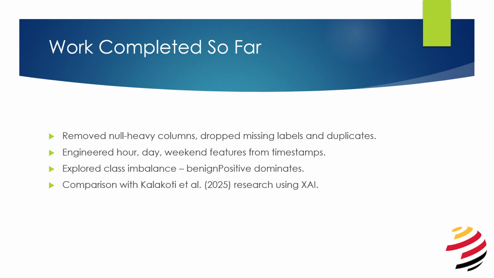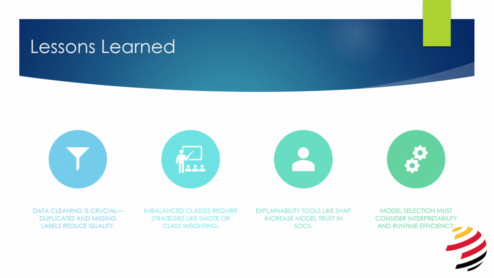Let's reflect on some key lessons learned during this process. As I worked through the data and the initial analysis, several lessons emerged. First, I realized how critical data cleaning is, not just for quality, but also for model performance.